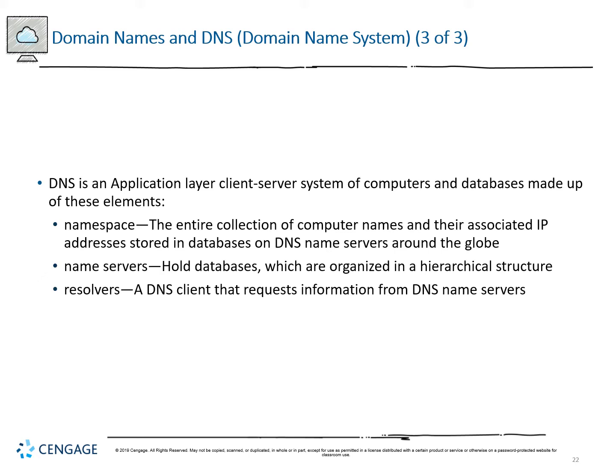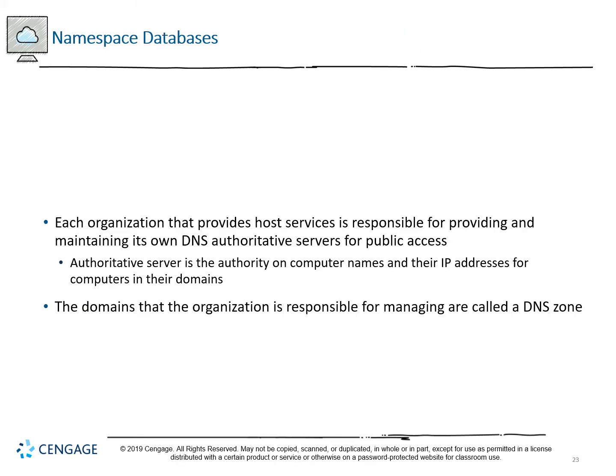So we go to one particular name server to access a particular chunk of the database. And there's a lot of duplication as well to make sure that data redundancy is met. The resolver is a client piece of software that is going to request information from the DNS server in order to produce an attachment between the IP and the FQDN.